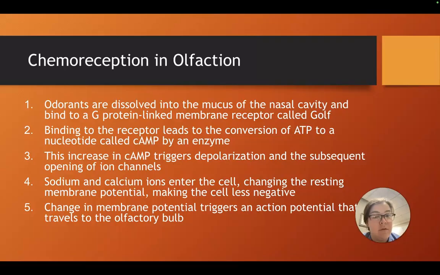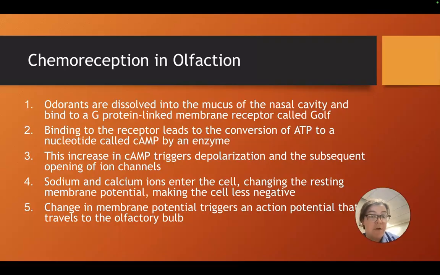Now, when this binding occurs, this causes an increase in this cAMP nucleotide. This triggers depolarization, which we've very frequently talked about so far this unit, and that subsequently causes the opening of ion channels.